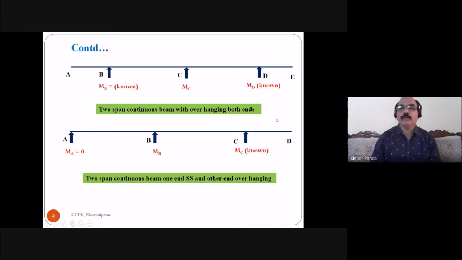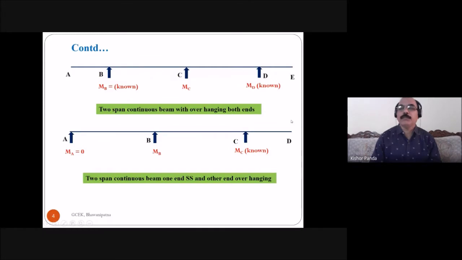You can find that by taking this as a cantilever portion. So how to find it for a cantilever? If a UDL is present, what is the moment at the fixed end? You know, if in a cantilever there is a UDL, the fixed end moment is WL square by 2.